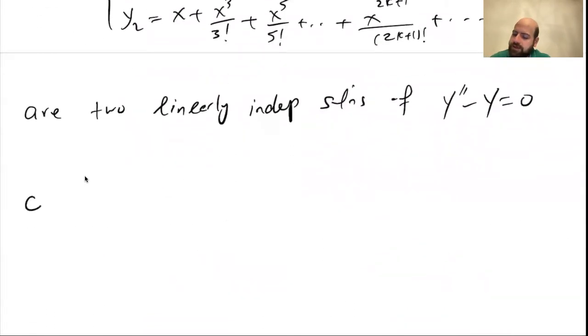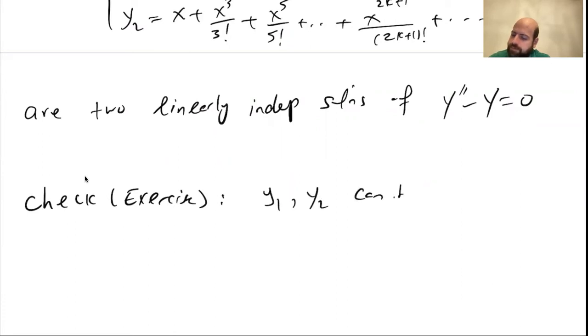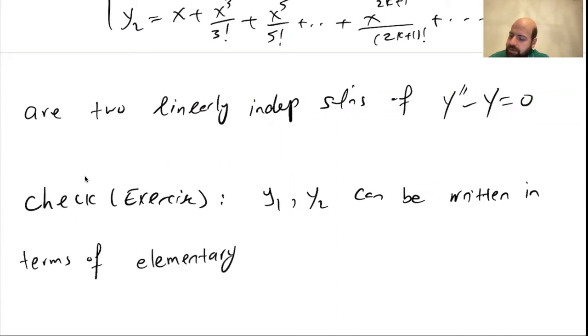So check as an exercise that y1 and y2 can be written in terms of elementary functions as follows.